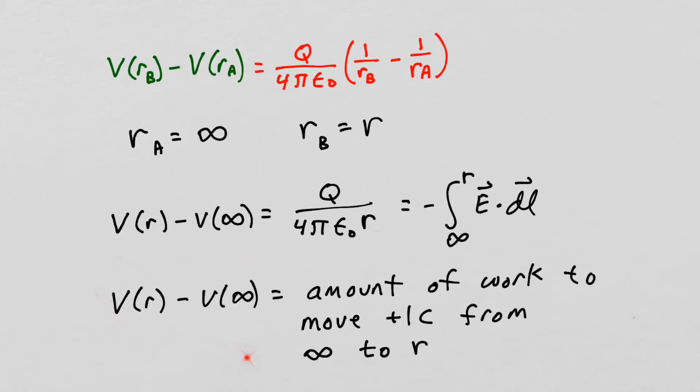It's important to hold on to this mental model. We'll see that it means you can only measure potential differences between points. You can't measure a potential at a point. This is quickly lost because often, such as in your textbook, V at infinity is defined as being 0, and so you lose sight of the fact that what this term here represents is the potential difference between your point R and infinity.